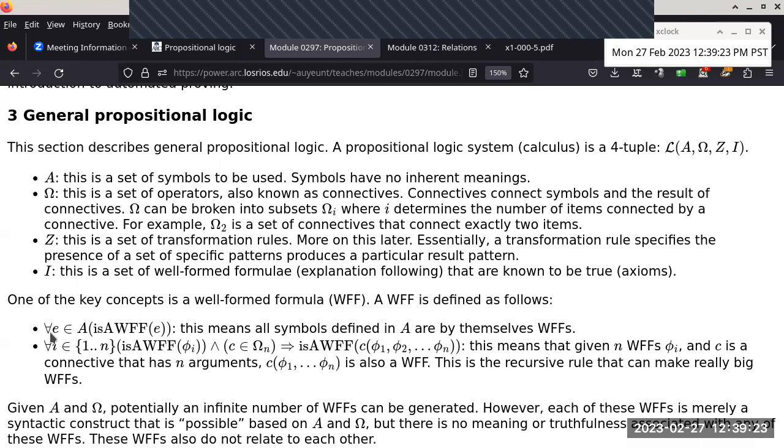Are we okay with the first point of is a formula? If you take any element out of alpha, that element is by definition well-formed by itself as an expression. Is that okay with that definition or that requirement for a propositional logic system? All I'm trying to say is, these things are known to be well-formed.